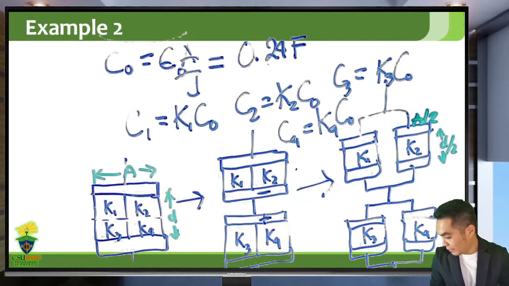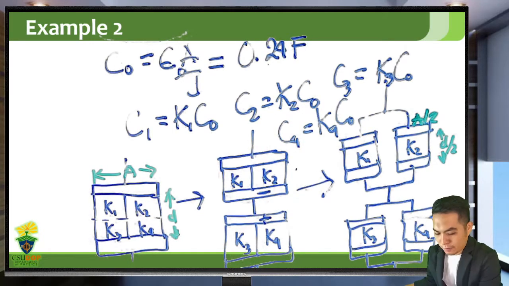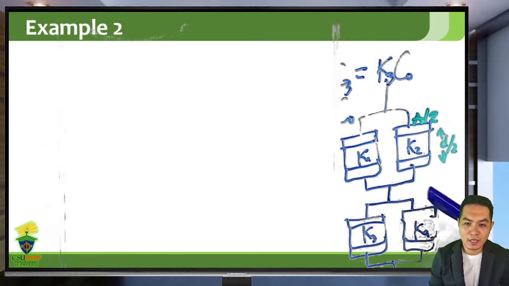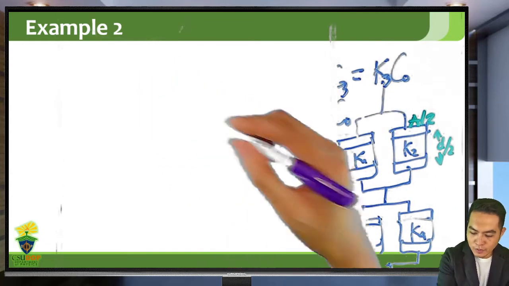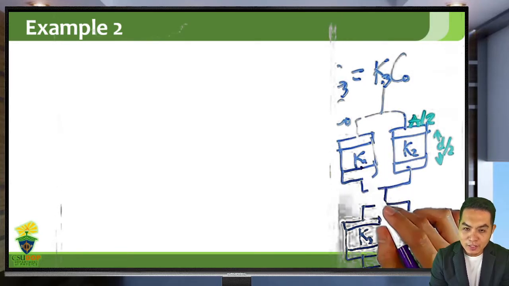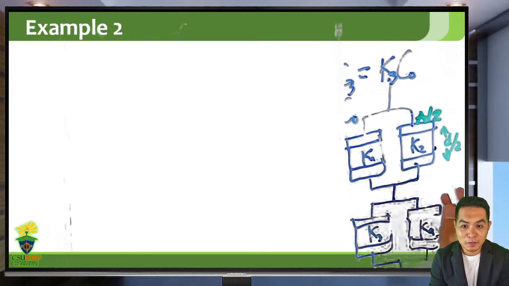Okay, now if you go back to this figure here and try to find the equivalent capacitance, you will notice that these are just in parallel, meaning C1 plus C2.